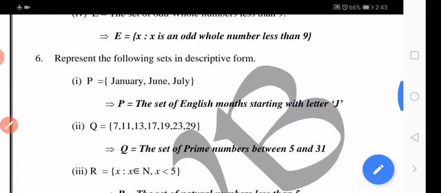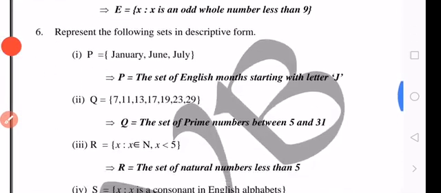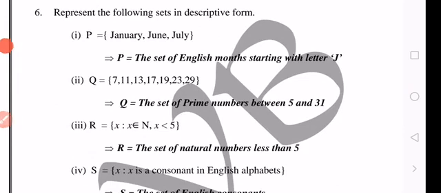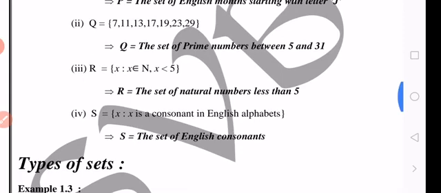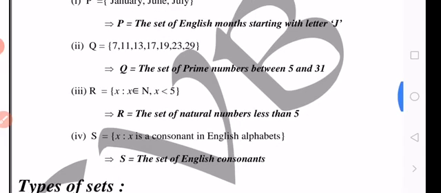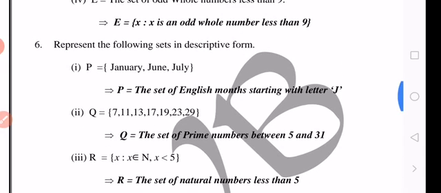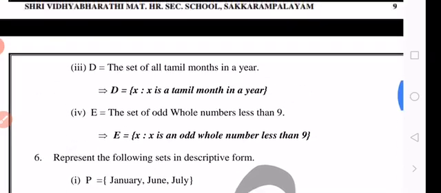And sixth one, descriptive form. First one, January, June, July. Second one, prime numbers. Third one, natural numbers. And the fourth one, consonants in English alphabets. Okay, so pause this video and without mistake write it in your maths note.